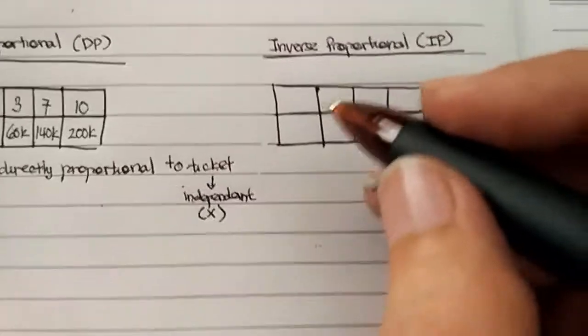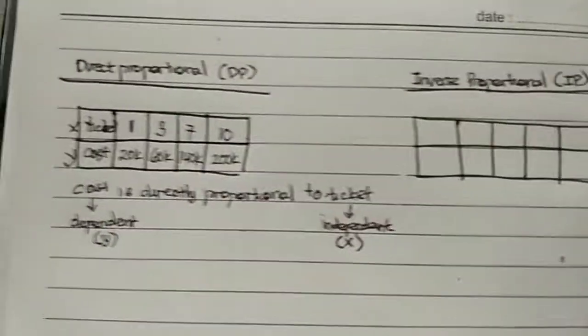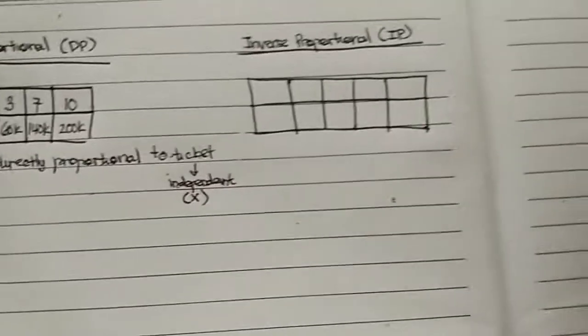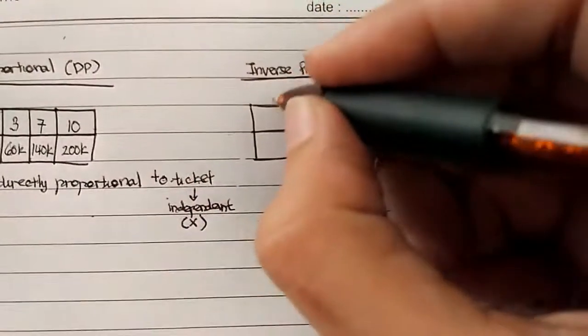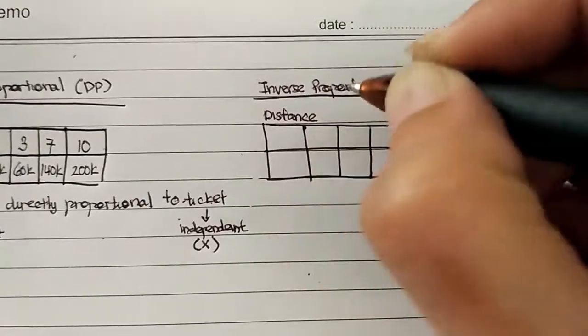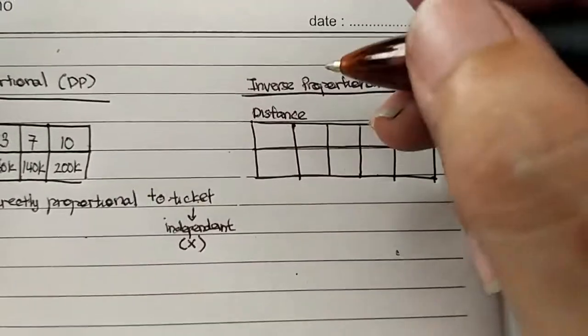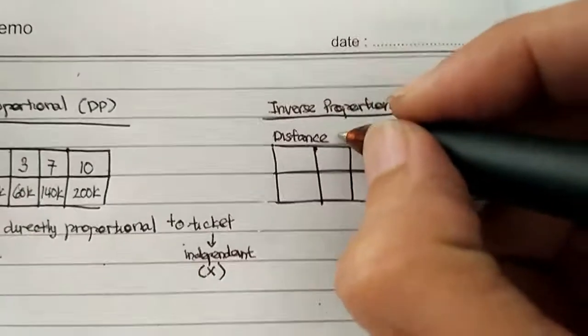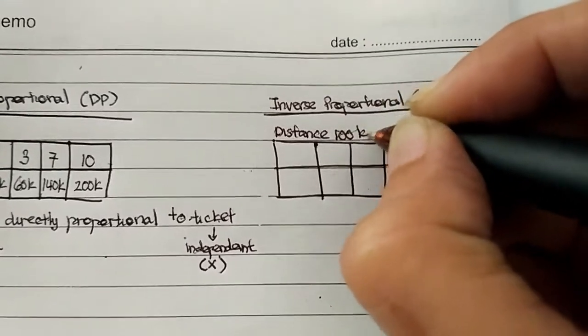Now we look at the inverse proportional. This one is the direct proportional, and this one is an inverse proportional. For example, I want to go somewhere, and the distance from my current position to that place is 100 kilometers.